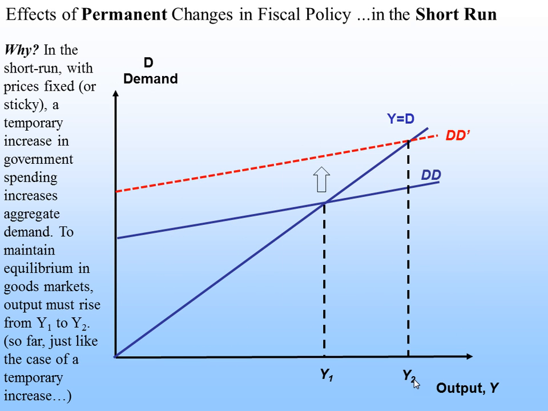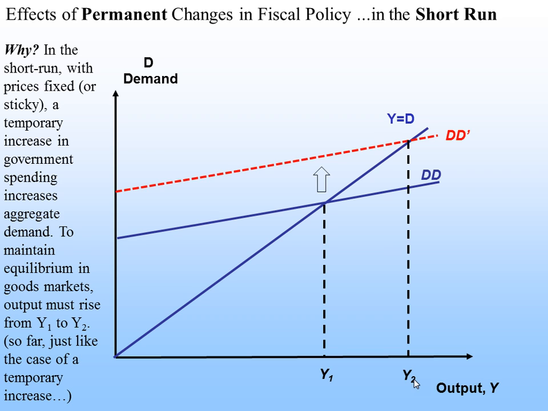In the short run, if prices are sticky, a temporary increase in government spending increases aggregate demand, because Y equals C plus I plus G plus NX, or CA, and G is in there. To maintain equilibrium in the goods market, which is what the IS curve represents, output has to go up too.